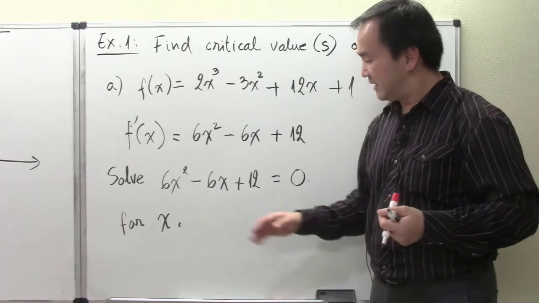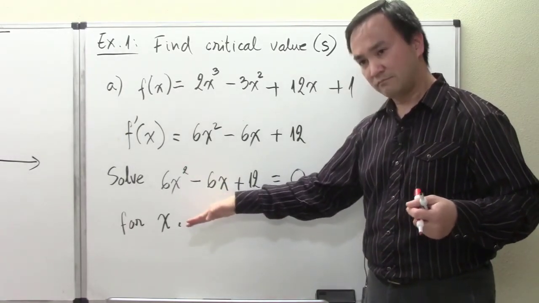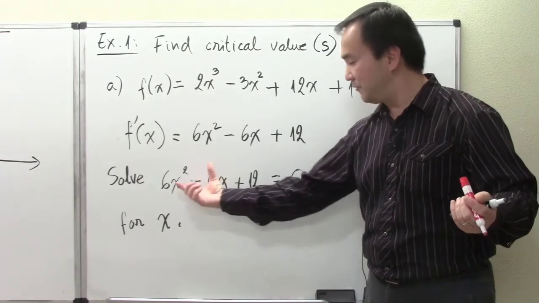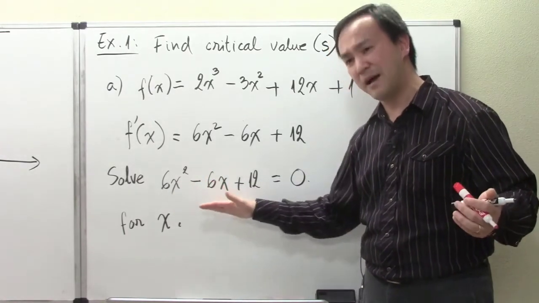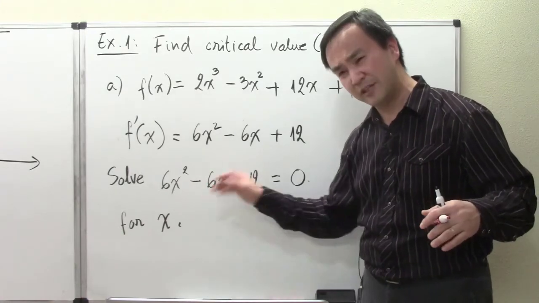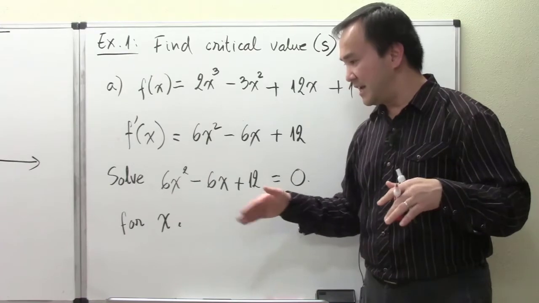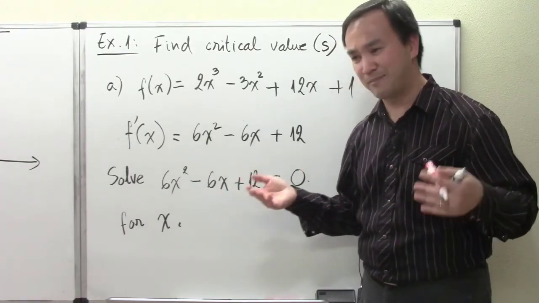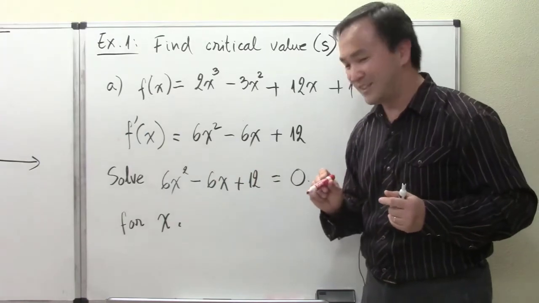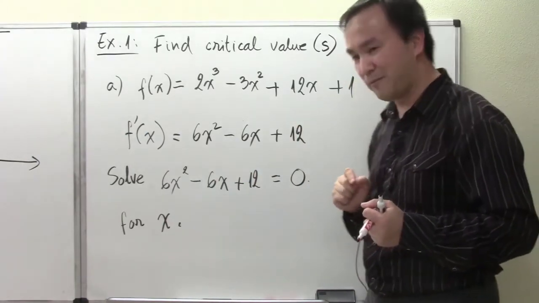The second most common method is factoring, which is what I'm about to do here, because this is easy enough for me to factor. The least favorite method is to complete the square, which I'll just mention, but I doubt anyone is going to follow that path. But you always have three methods to solve like that.